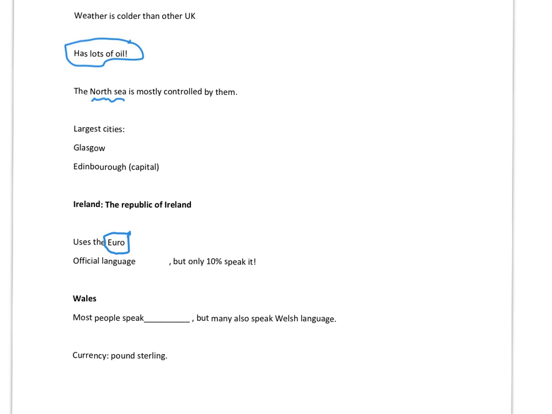Official language of Ireland is Irish. But only a small part of the people speak Irish. Interesting, huh? That's the official language. Only about 10% of the people speak it. What language do most of them speak? Yes, you guessed it, English.